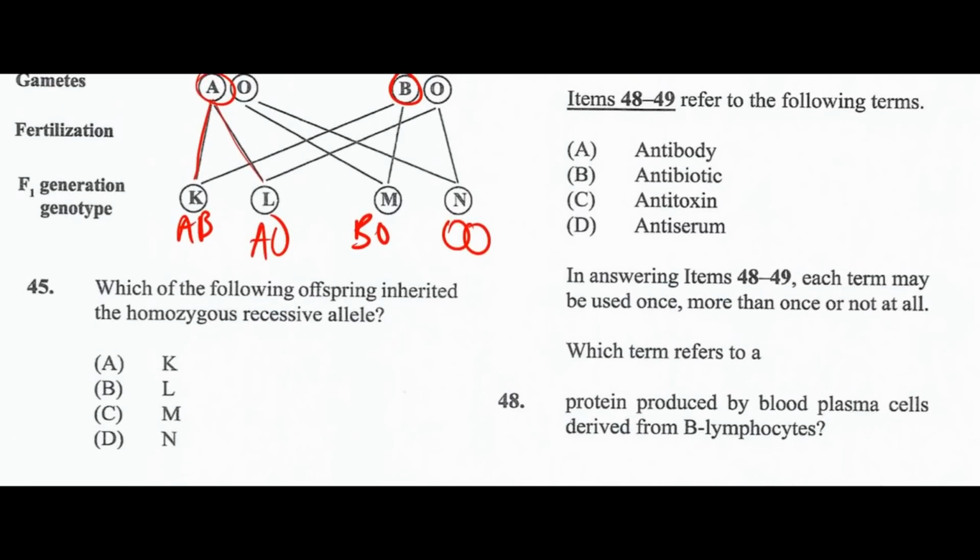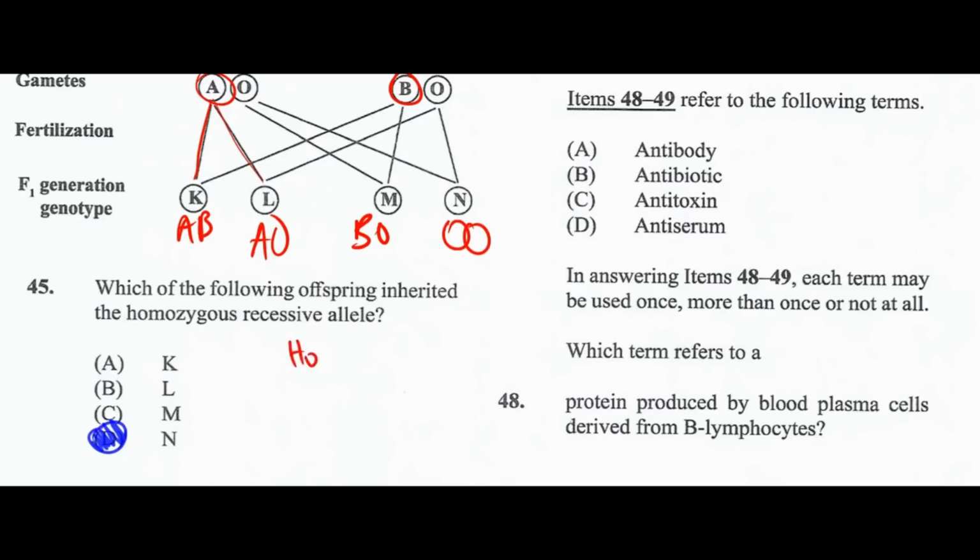So, which of the following offsprings inherited the homozygous recessive allele? The one with OO, so that would be N. So you can either be homozygous recessive, heterozygous, or homozygous dominant.